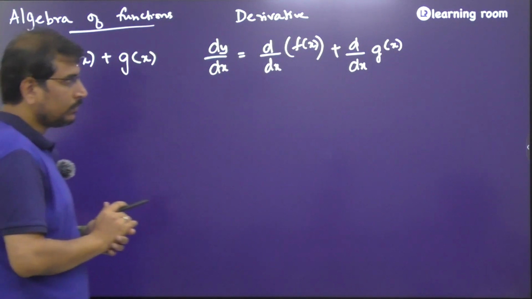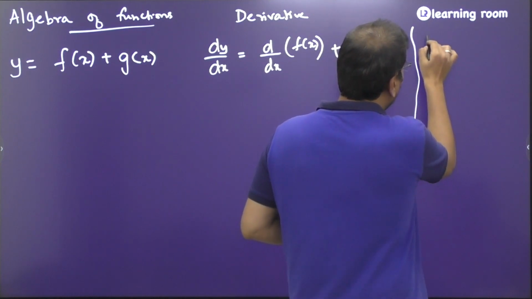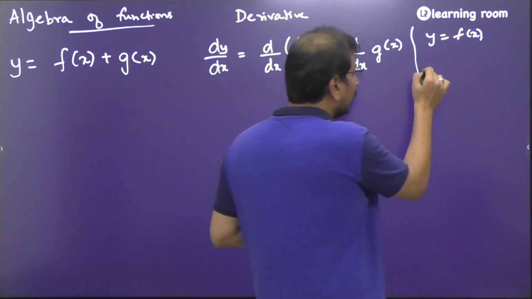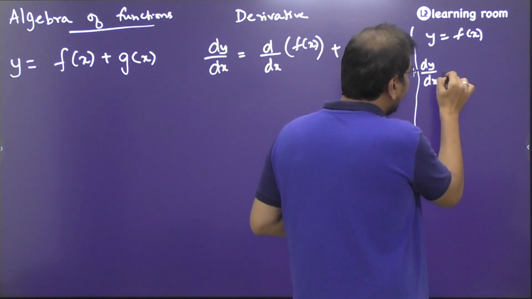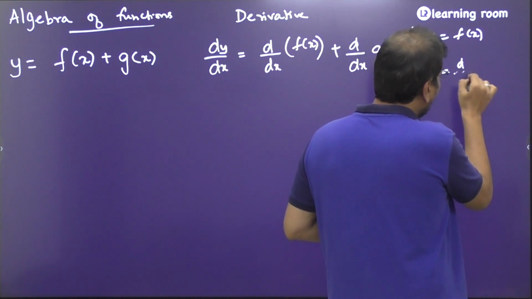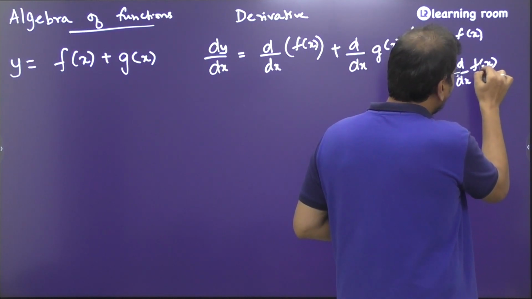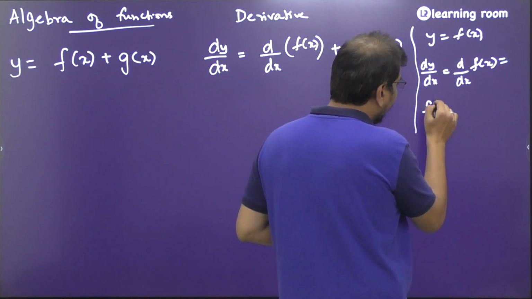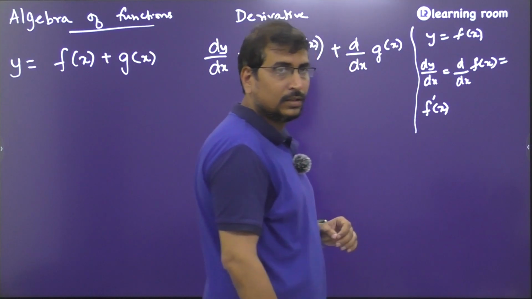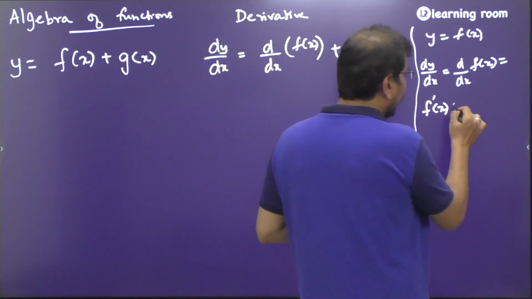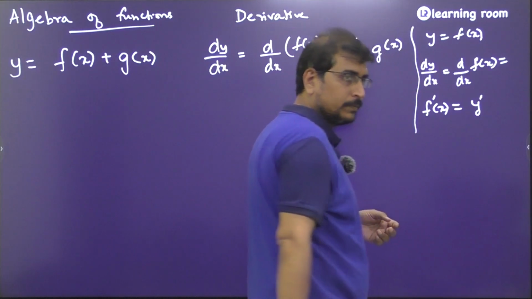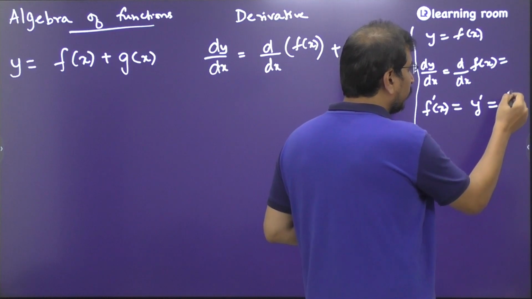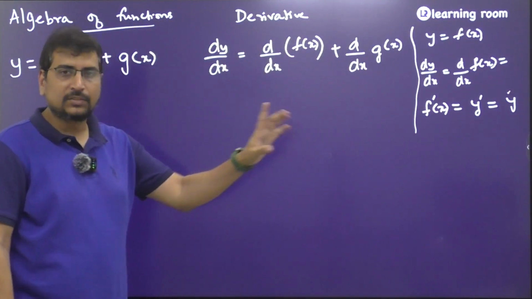Now listen. When I have y is equal to f of x, listen to this carefully, then I can write dy by dx as d by dx of f of x. This is one way of writing. Or I can write this as f dash of x. This is another way of writing. Or I can write this as y dash. Or I can write this as y with a dot on top of it. Everything means differentiation.